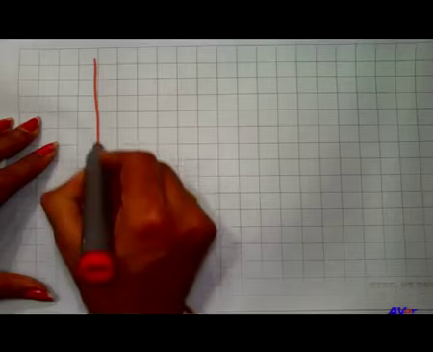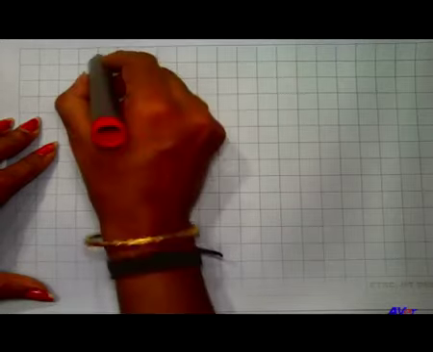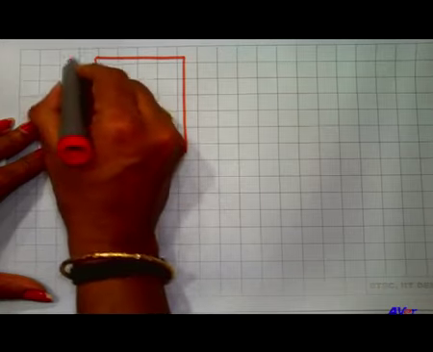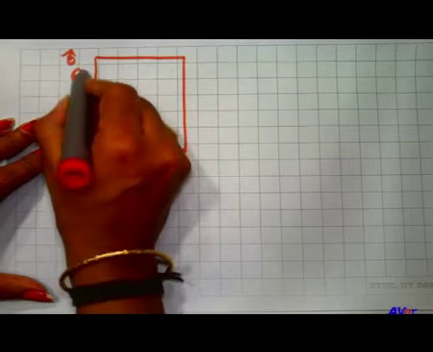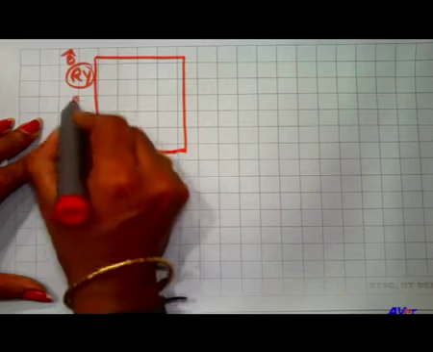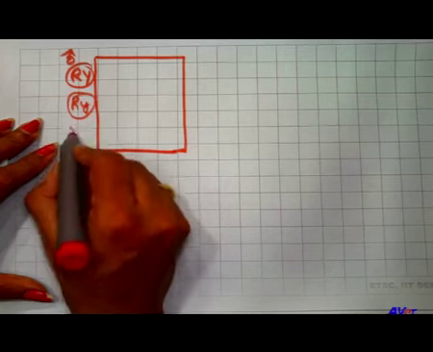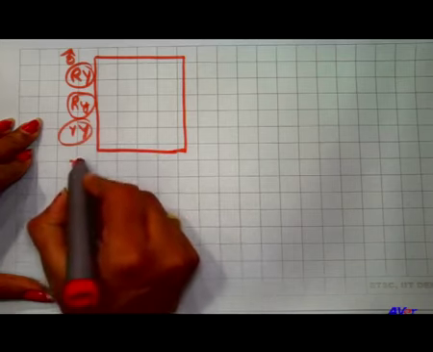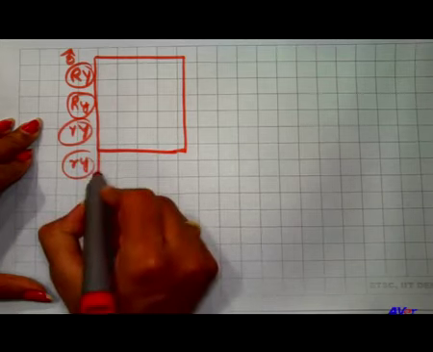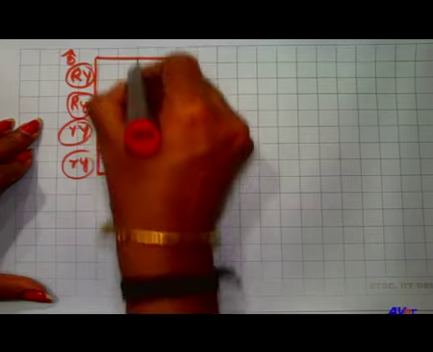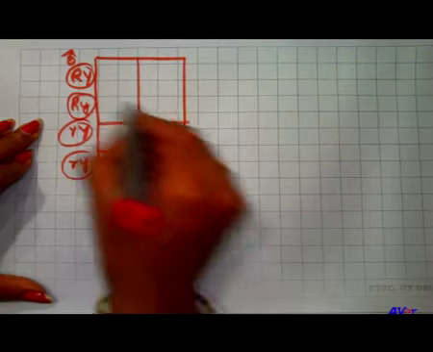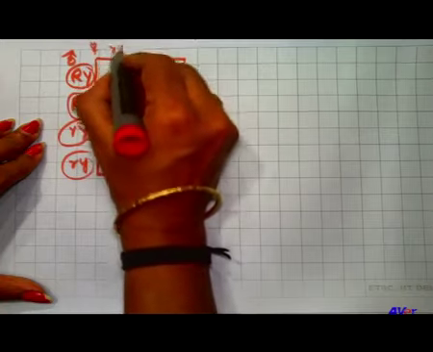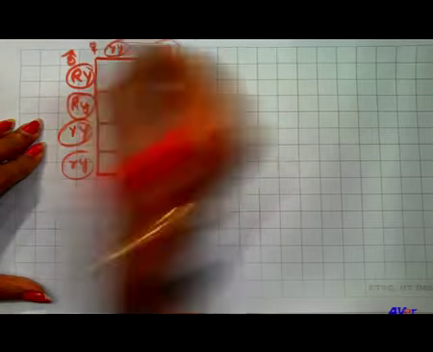The combination we will show like this in the Punnett square: male gametes, capital R capital Y, capital R small y, small r capital Y, and small r small y. Female gametes, small r small y, here also small r small y.